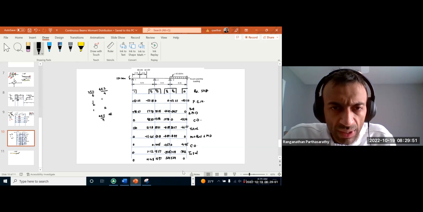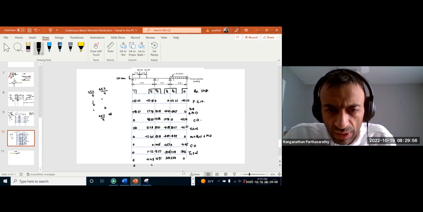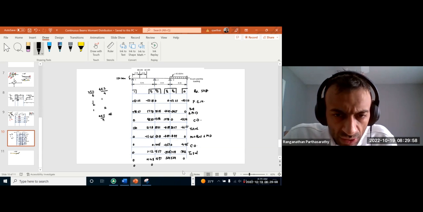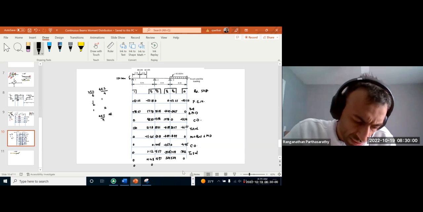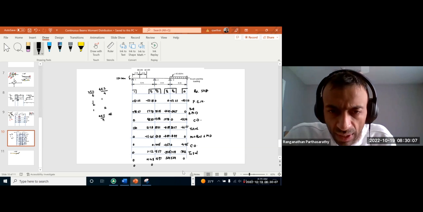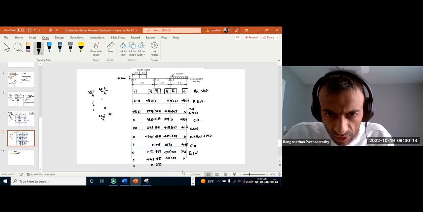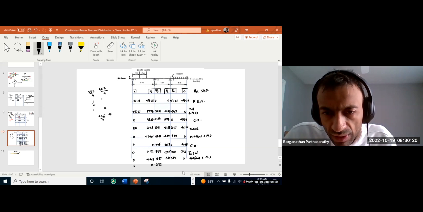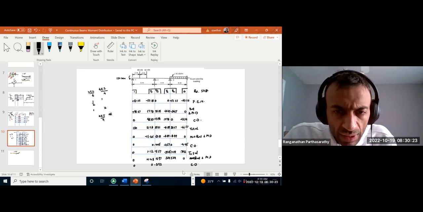And now next will be the carryovers. So 1.48, nothing carries over here, nothing here. This one positive 5.84 by 2, 2.92 carried over here. This is carryover.